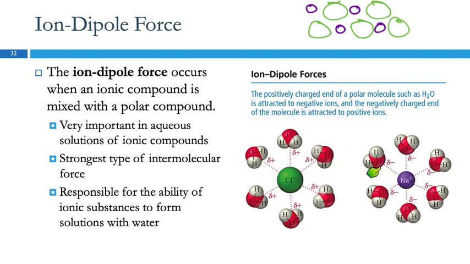So water has a negative end and a positive end. Well, the negative end of water is going to be attracted to the positive ions. This doesn't have a full negative one charge, but if you get a bunch of water molecules around it, together their charge can add up to -1.